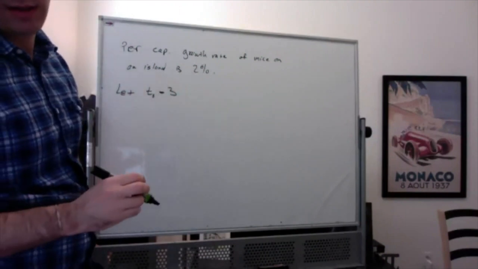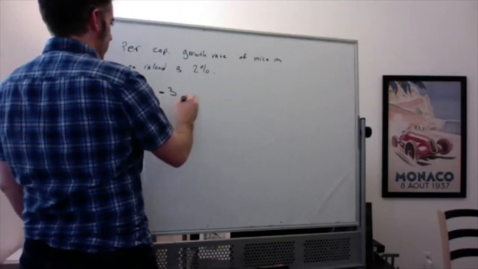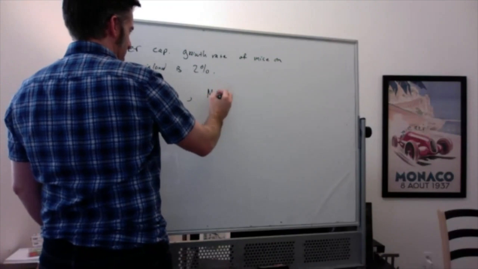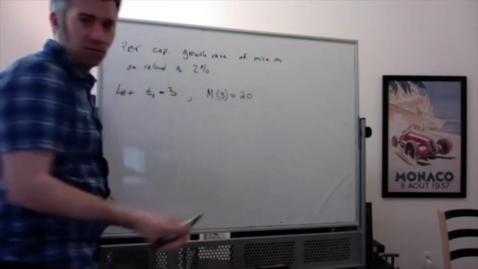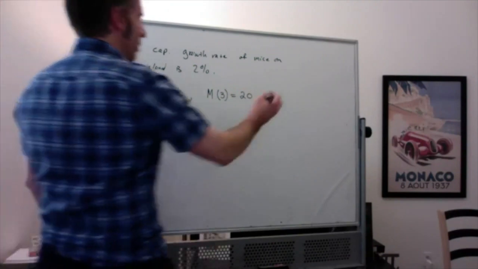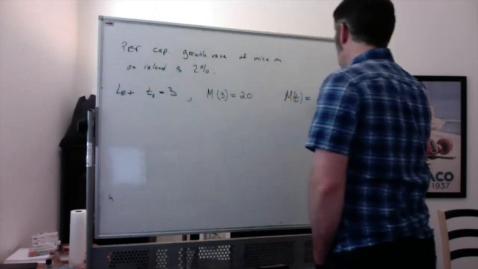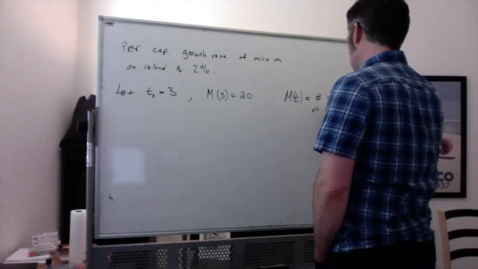And assume that this time there are 20 mice on the island. So when T sub 0 equals 3, the number of mice, so I'm going to write that as capital M of 3, is equal to 20. They say at this time there are 20 mice on the island. So M of T is equal to the number of mice at time T.